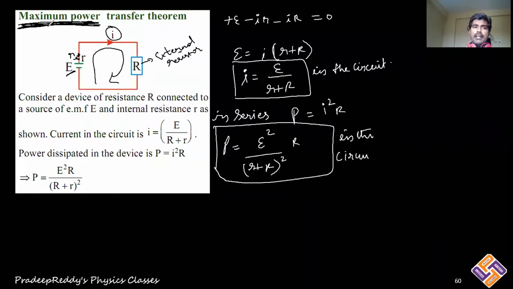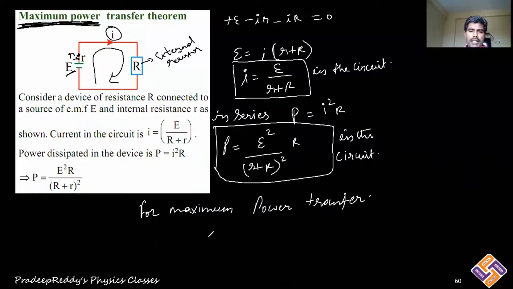But what is our condition to find? We are supposed to find maximum power transfer. So for maximum power transfer, dP by dR is equal to 0. As in mechanics, whenever anything is maximum, the differentiation of that, meaning the slope, becomes 0.